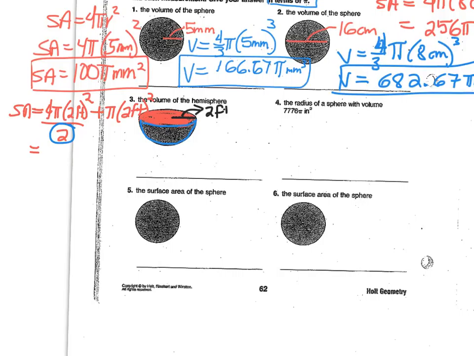The formula says 4 pi r squared for the complete sphere, but since this is just a hemisphere, I need to divide it by 2. That takes care of this section, which is the hemisphere, and then the top portion, which is the circle, is this right here.